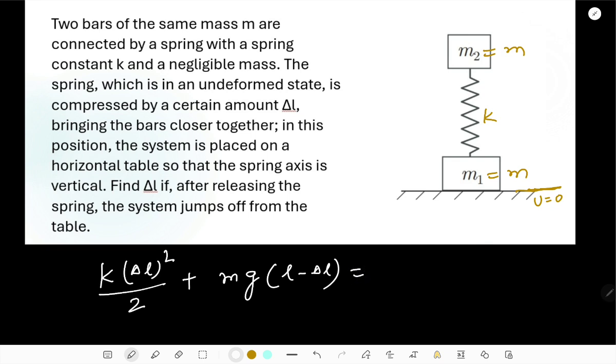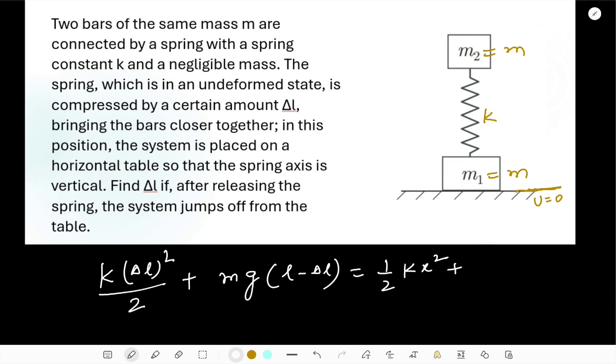And the final potential energy, I don't know. The spring must have been stretched some length, and the extension in the length of the spring, I suppose, is equal to x, so that I can write the potential energy loaded in the spring as half kx square. And m2 must be at the length L plus x.